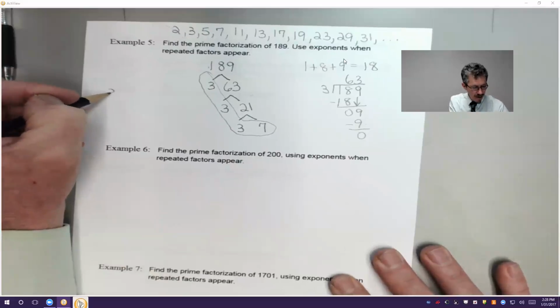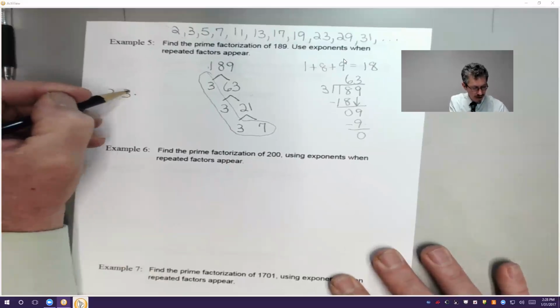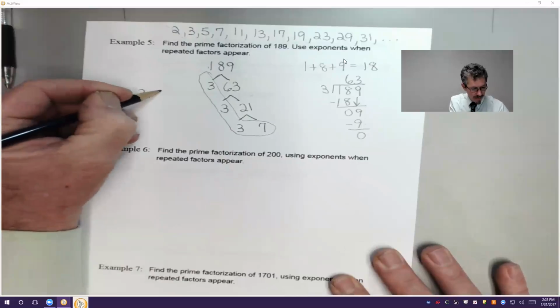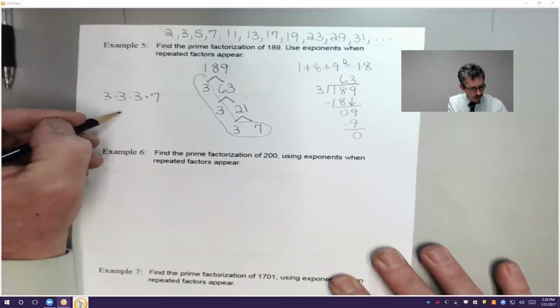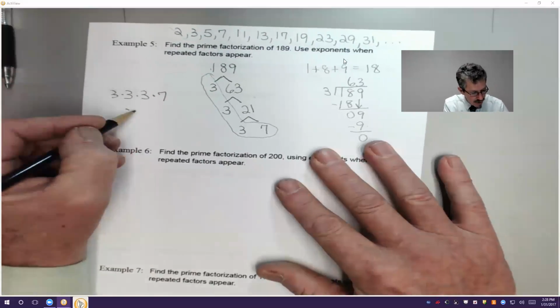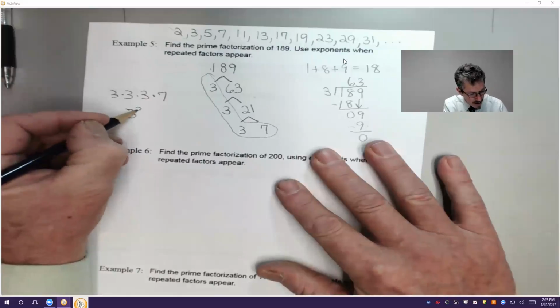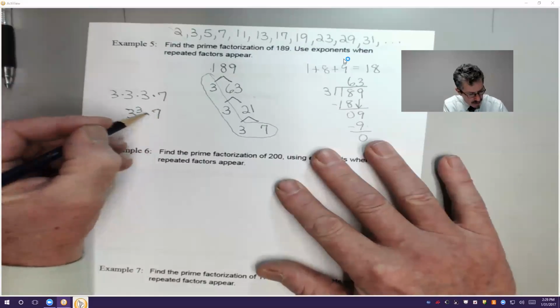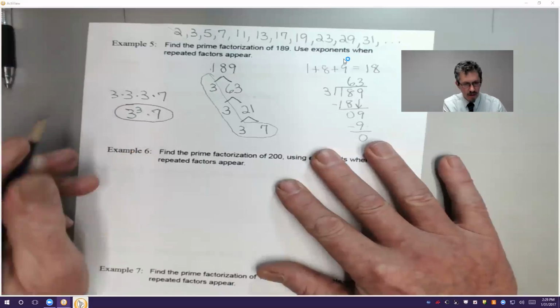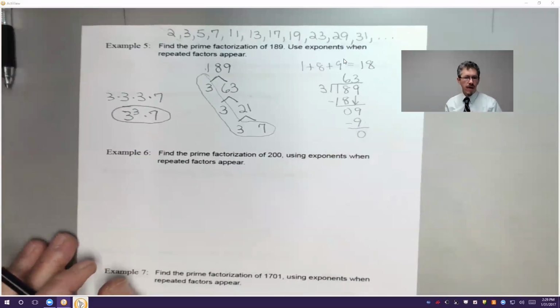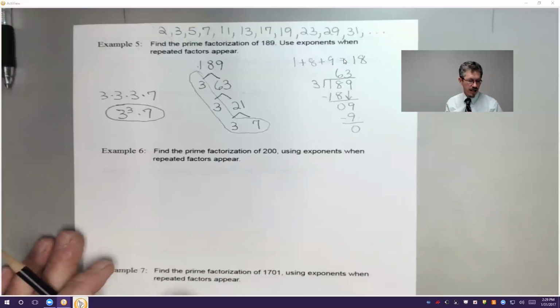In expanded form, we could write 3 times 3 times 3 times 7. Or exponential, since there are 3 3's, we would write 3 to the 3rd power times 7. That is the prime factorization of 189.